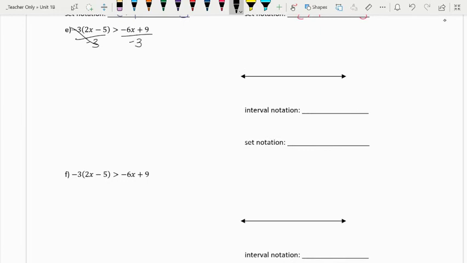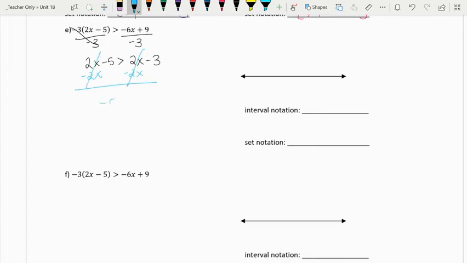So we're left with 2x minus 5 is greater than, and then we're going to divide each piece. So -6x divided by -3 is 2x, and 9 divided by -3 is -3. At this point, if we get x's to the same side, we would notice that our x's actually cancel on both sides.